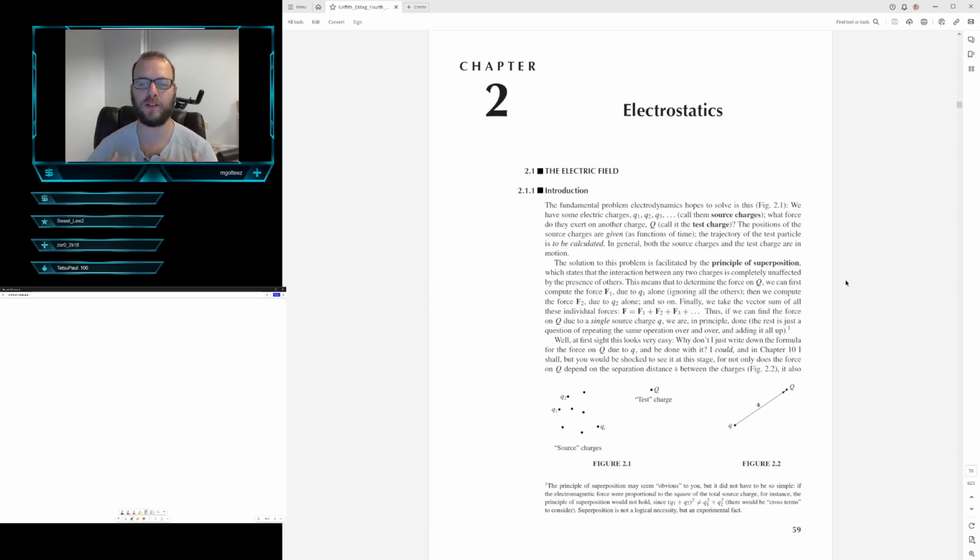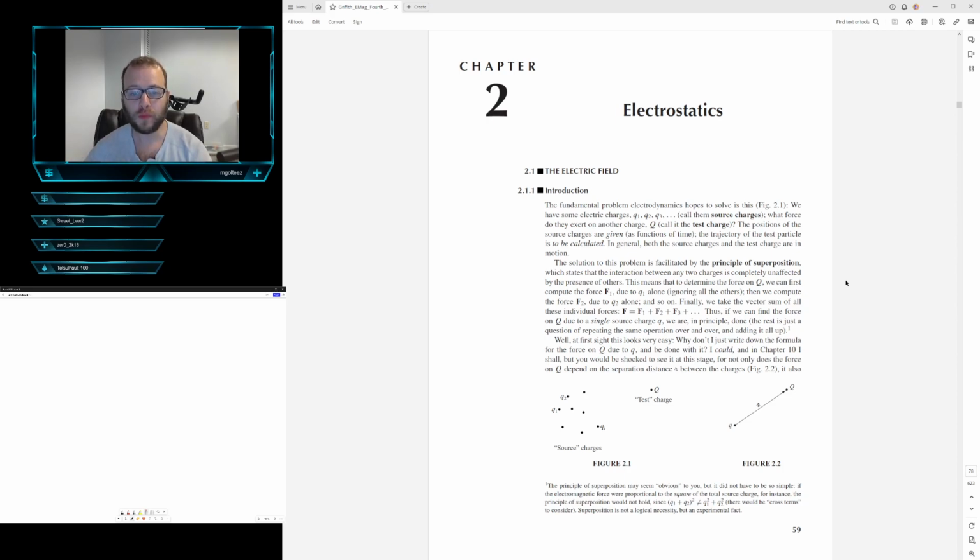So we are always going to define the cursive R vector from the source all the way to the position in direction of R. Now, for one charge, this is easy. For multiple charges, how do we add these together?